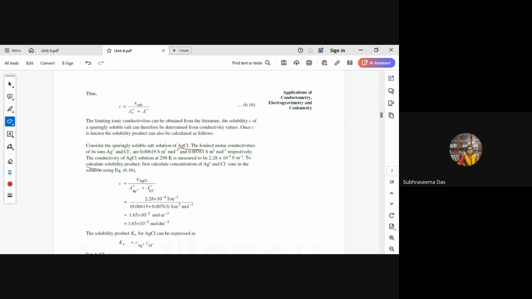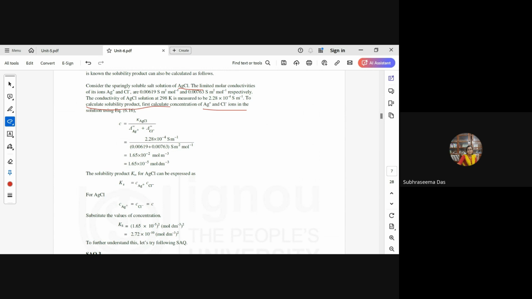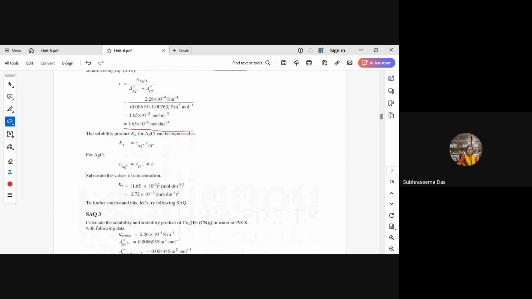Now to calculate the solubility product, we first calculate the concentration of Ag plus and Cl minus using the above equation, that is, C is equal to kappa of AgCl divided by lambda of Ag plus plus lambda of Cl minus, and the C value is found to be this. The solubility product for AgCl can be expressed as K is equal to C of Ag plus into C of Cl minus, that is, C square.